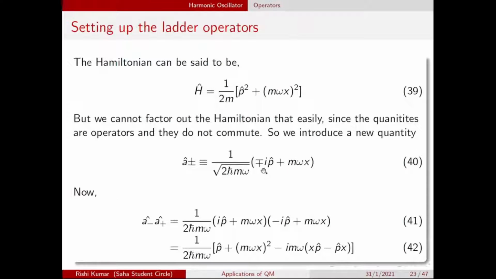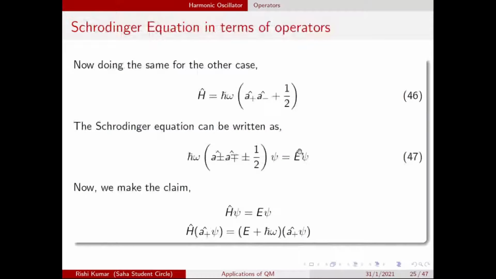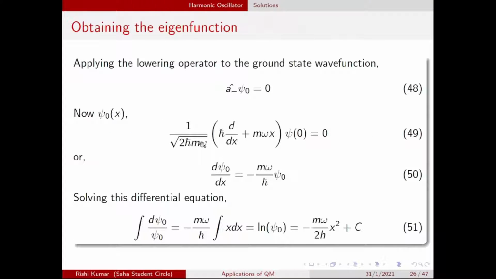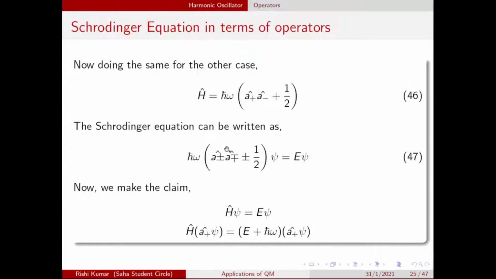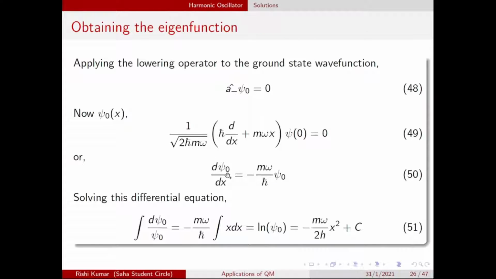So we have 1 by root 2 h bar omega times A minus psi of 0 equals 0. This A minus is just this thing here, we're just rearranging it. Or we can see from this equation that d psi of 0 by dx is simply equal to negative m omega by h bar x psi naught.